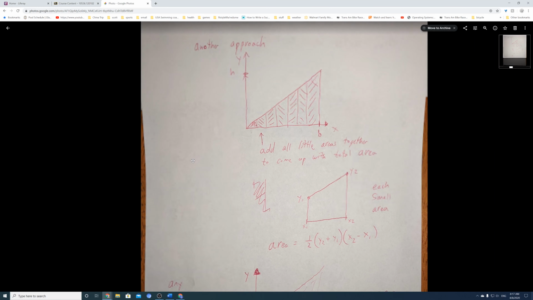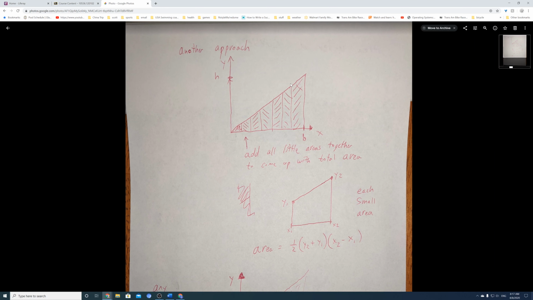Okay, another way we can look at coming up with the area under a curve, and I see how I drew these little tiny areas, is to come up with an expression to represent the areas, right? If we know the average height, let's say instead of going from 0 to here, we found the midpoint height on the curve.